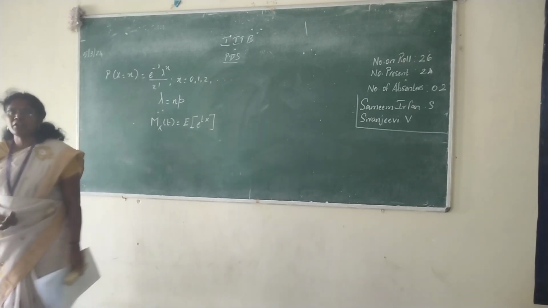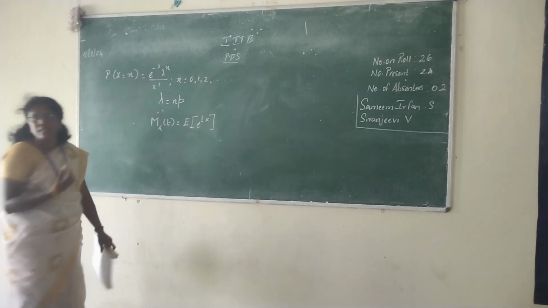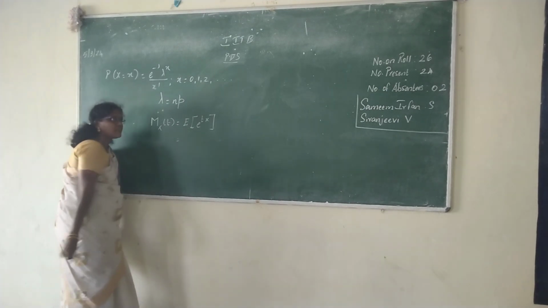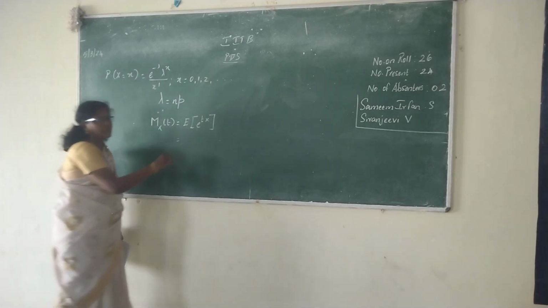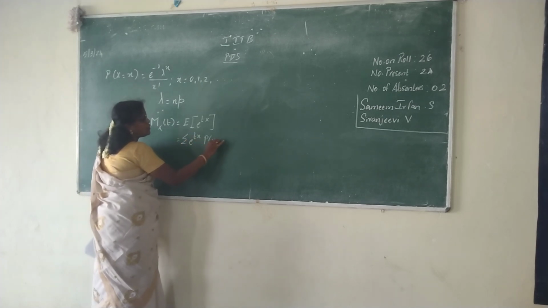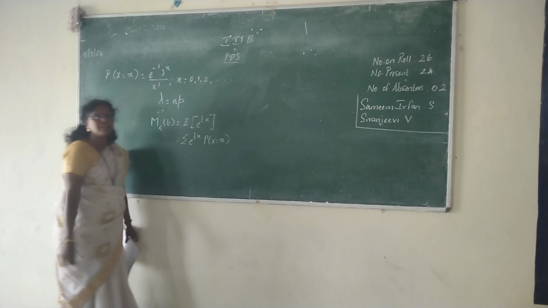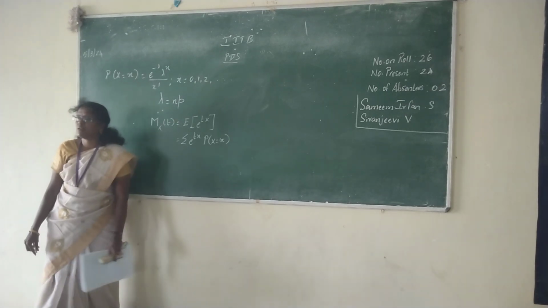Is this the discrete case or continuous case? Discrete. So what is the formula for discrete? Summation of e power tx into probability of x equal to x. That is the general formula of MGF which we discussed in our unit 1.